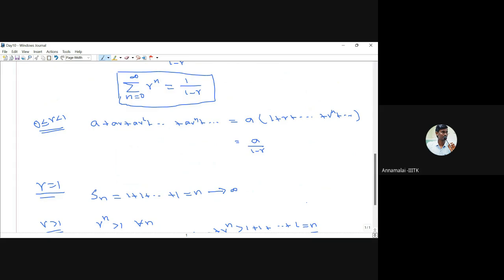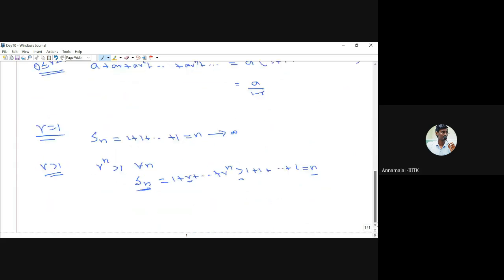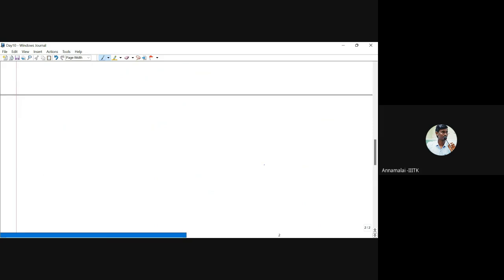Another important example is sometimes called the p series. Some books refer to it differently, but usually we call it the p series. The p series is the generalized harmonic series. The harmonic series is summation 1 by n, but the generalized harmonic series is summation 1 by n power p.